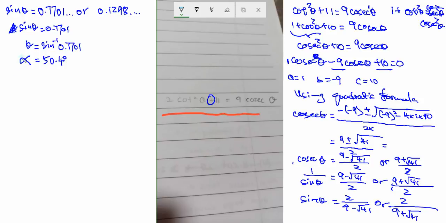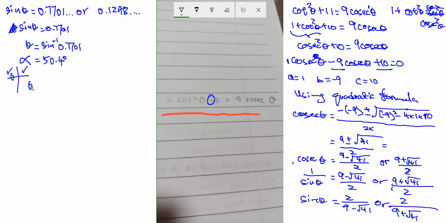I do not see the domain, so assuming 0 to 360, sine is positive here, so it should be in the first and second quadrants.